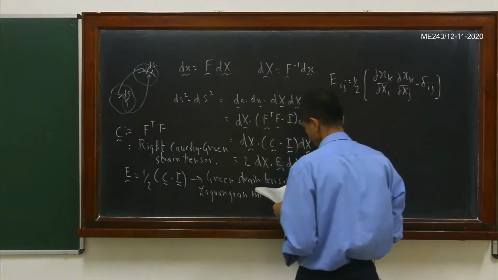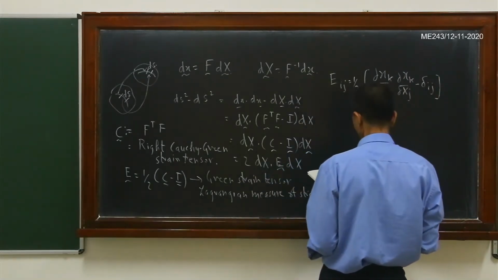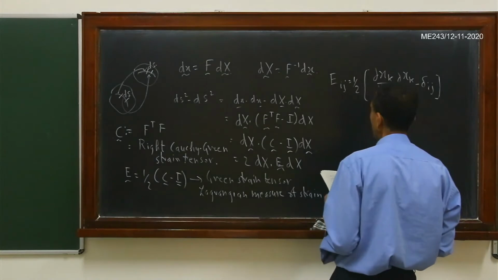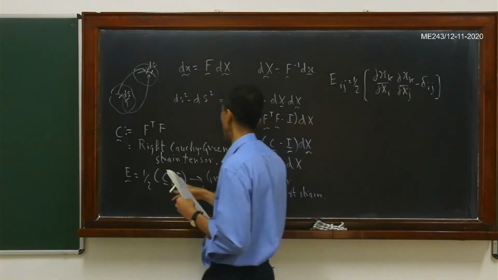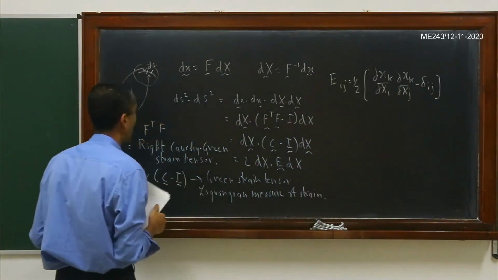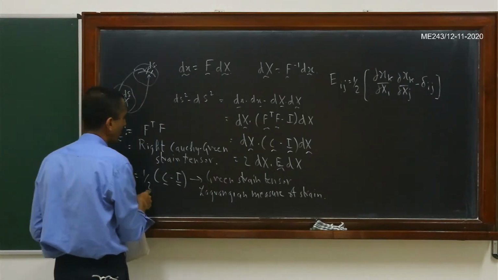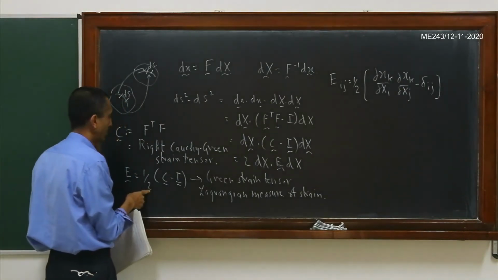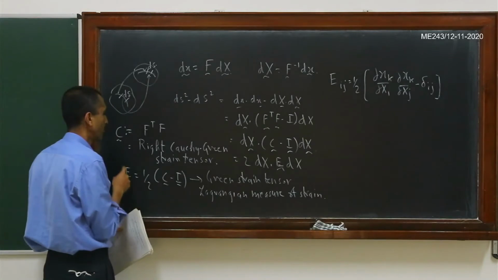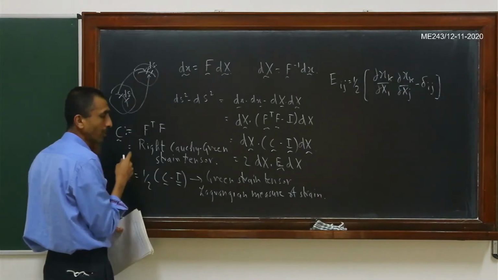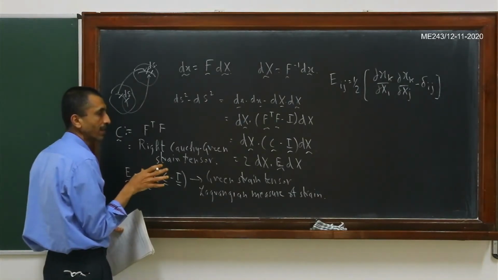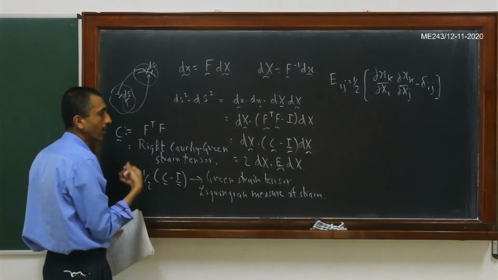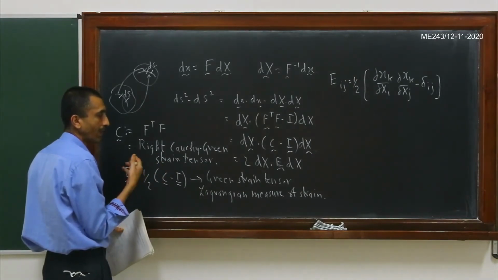This is the index notation version of this relation, half of C minus I. Now, from a mathematical viewpoint we don't need this factor half, but historically the small strain tensor came first, and this nonlinear Lagrangian strain was defined at a later stage.